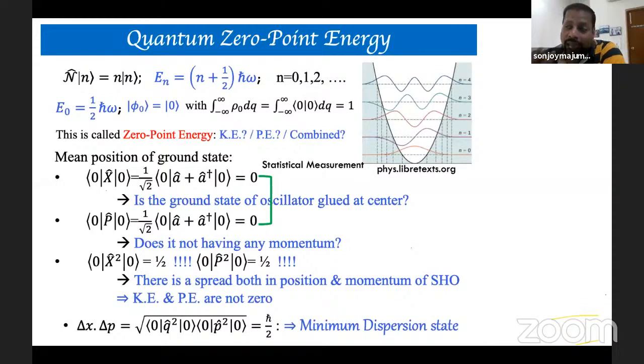That gives the particle in the harmonic oscillator some energy freedom. That is the minimum energy freedom which this particle enjoys, and that is known as the 0-point energy. We can't go beyond that. There is a limitation that the uncertainty principle tells us.